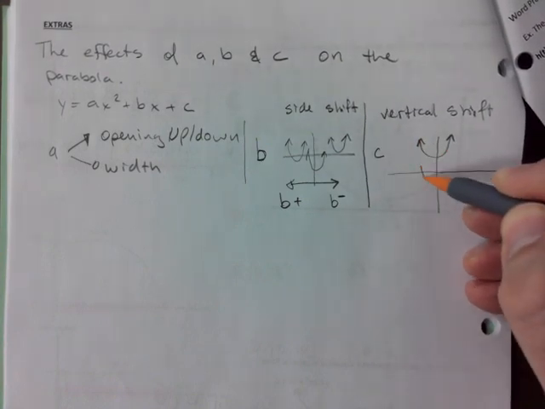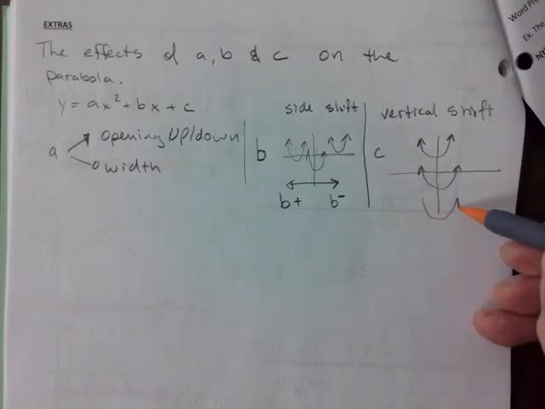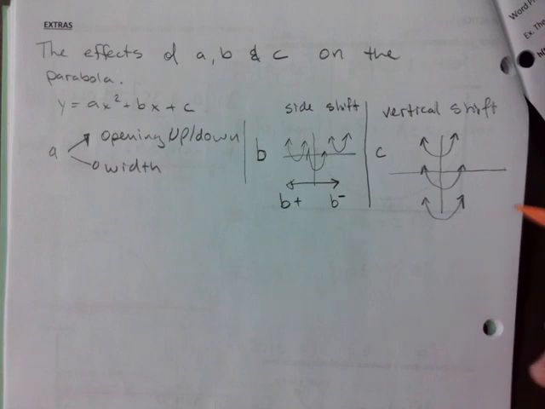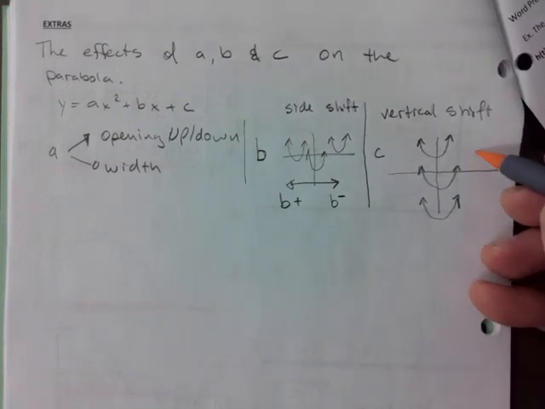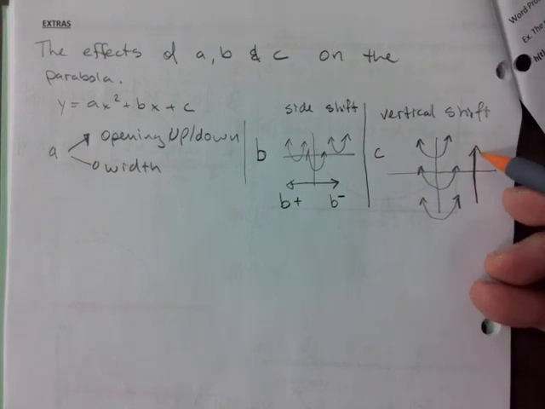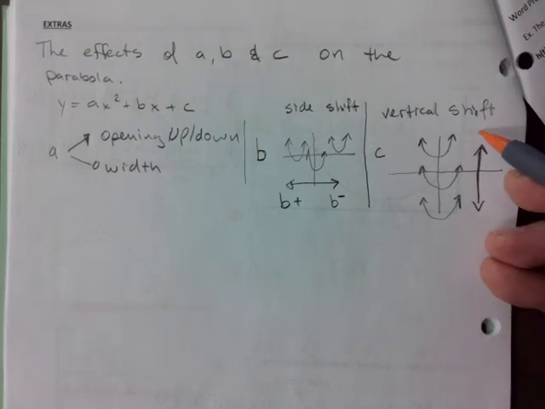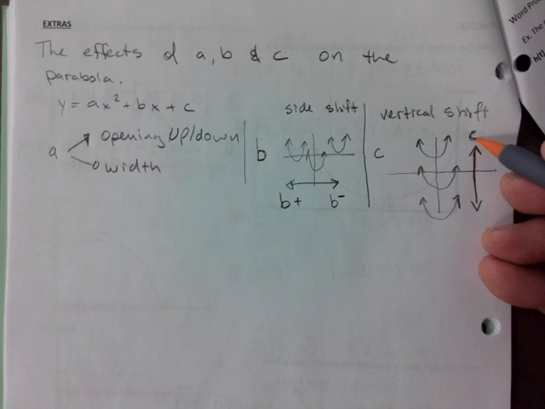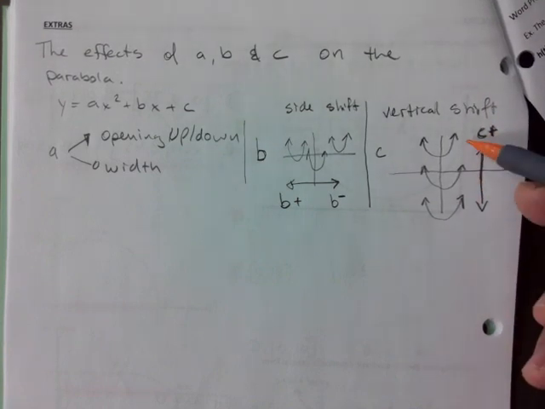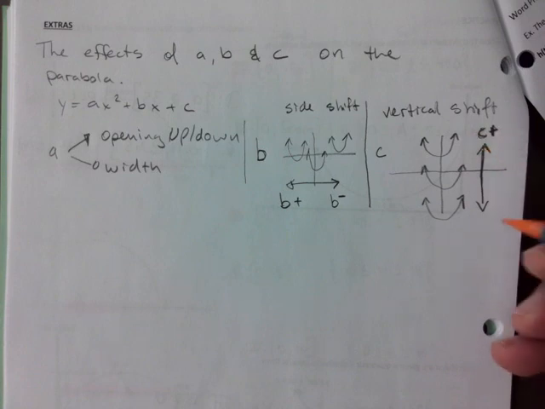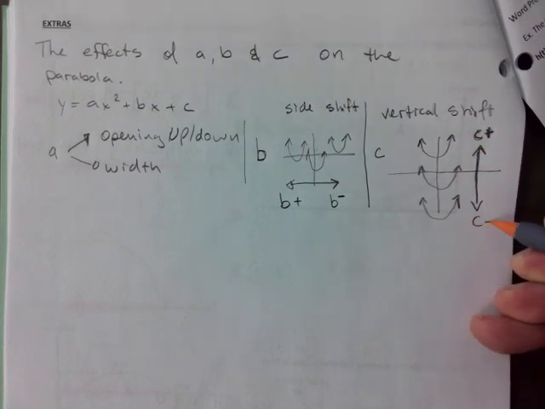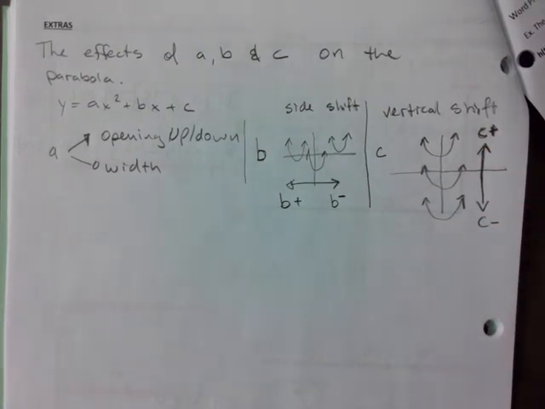How about we just do a vertical shift like this. And in this case, it's actually not counterintuitive. If you increase it, your graph will shift upwards. If C is decreased or negative, it will shift down. Okay.